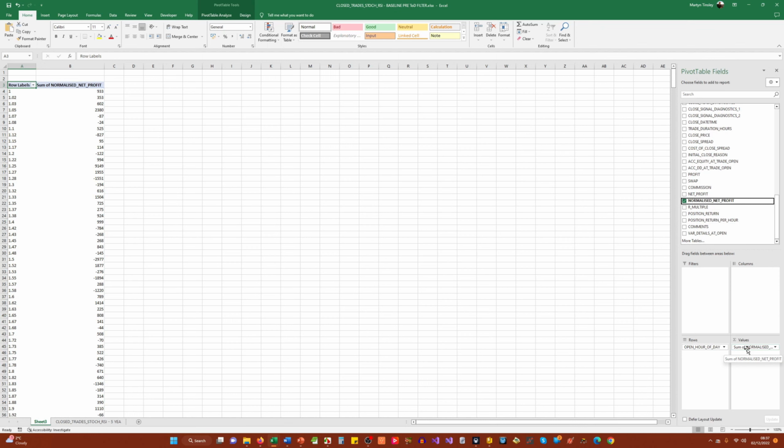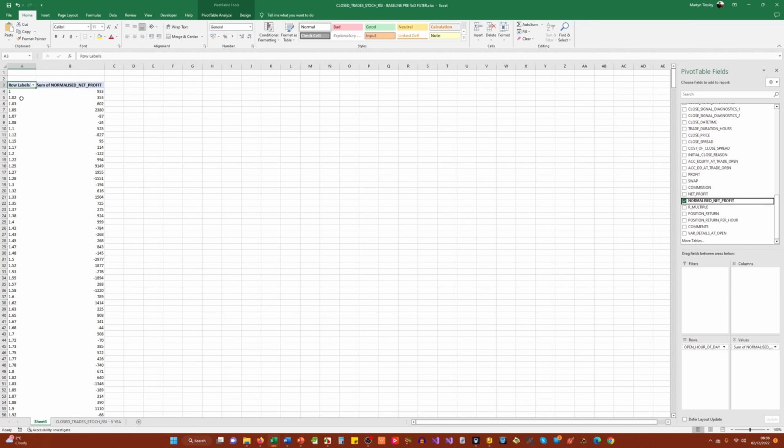But if we were using a position sizing strategy that scaled position size, for example, as equity grew, or changed the position size based on the anticipated risk of the trade, then that's where the normalized net profit really comes in for this type of analysis. But for us at the moment, we could equally use net profit and the results would be exactly the same.